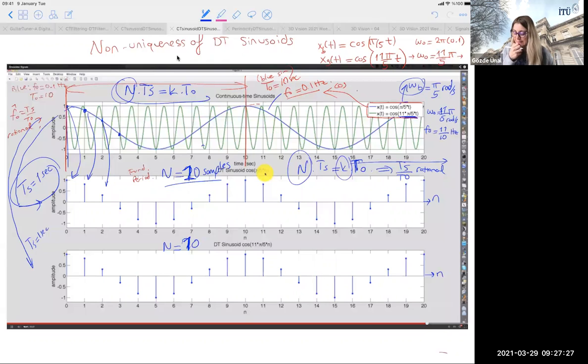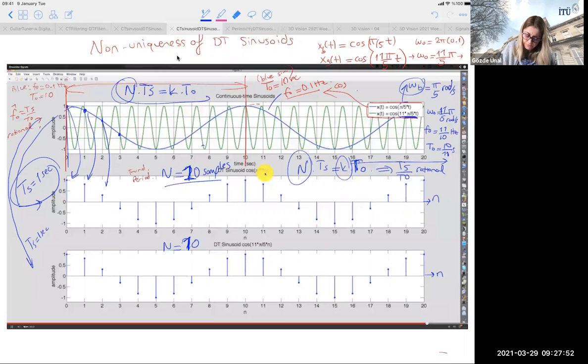From there, you can find the fundamental period, which is T0 equals 10 over 11. I think you guys were very close. 10 over 11 seconds. Almost one, right? A little bit less than one. It's almost one period intervals, repeating. The green one is much higher frequency, you see.